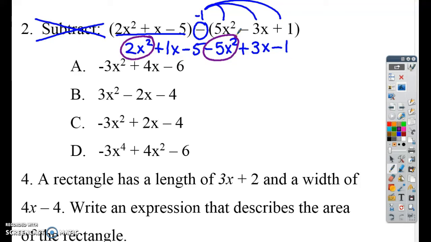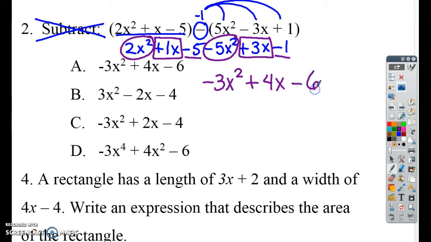Put in the calculator. 2 minus 5. Negative 3x squared. Then the x's. I have 1x plus 3x. That's a positive 4x. And then negative 5 minus 1, negative 6. So the first thing you did was distribute, write it down, the negative 1.